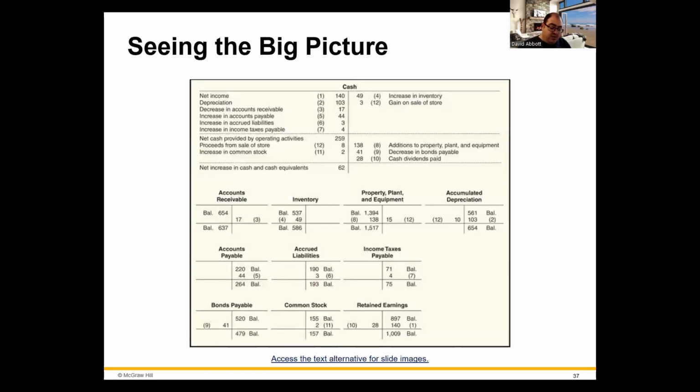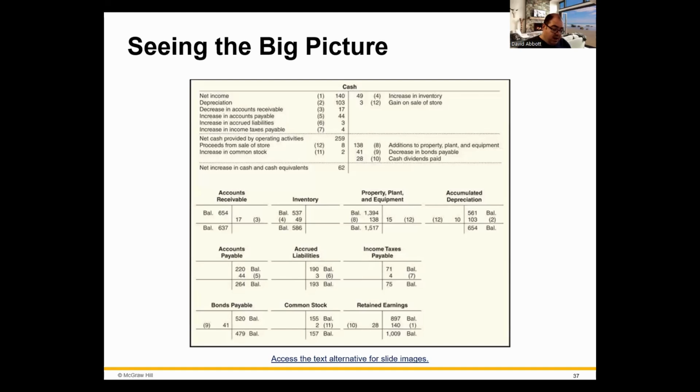Okay, and then T accounts can be used to summarize changes in Apparel Inc.'s non-cash balance sheet accounts and quantify the cash inflows and outflows that explain the changes in their cash balance. So the first entry records Apparel's net income of 140 million in the credit side of the retained earnings account and on the debit side of the cash account.